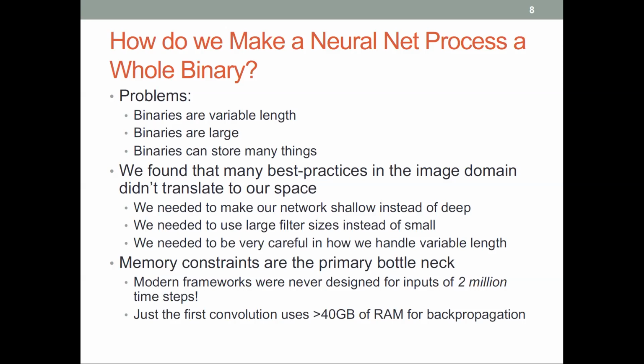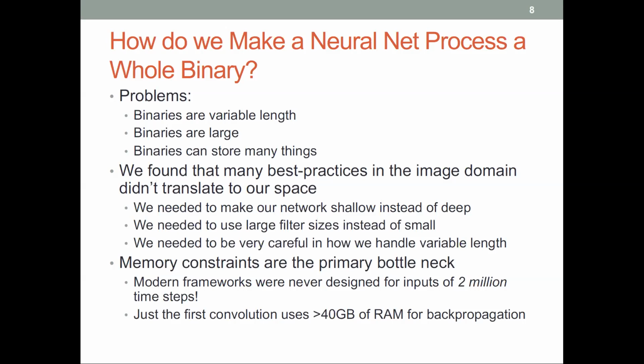They note the memory constraints as the primary bottleneck. Modern frameworks, and remember this paper was written in late 2017, early 2018, were not designed for inputs of 2 million time steps. What do they mean by 2 million time steps?